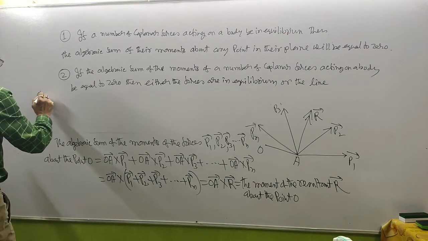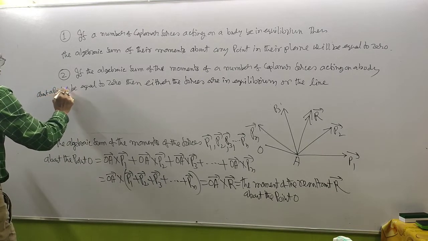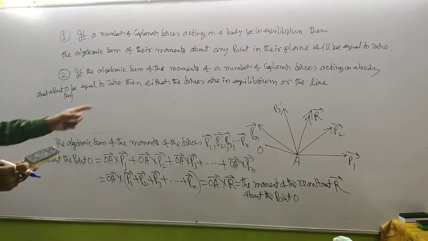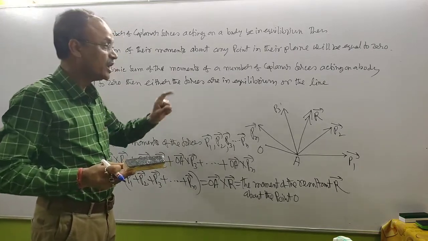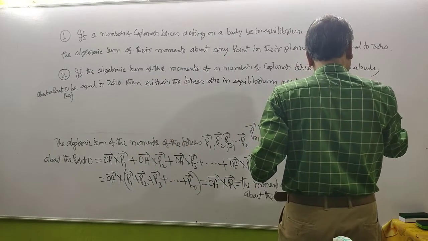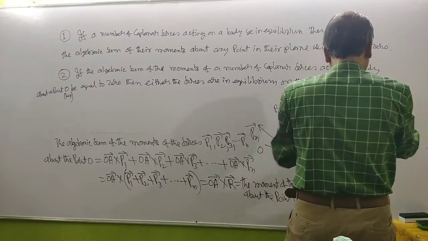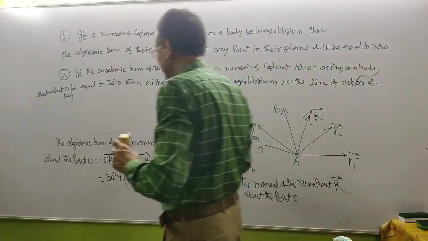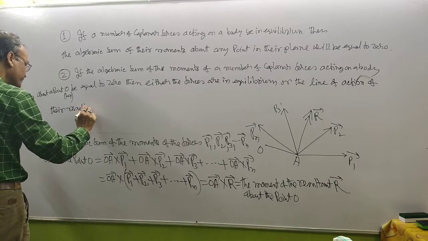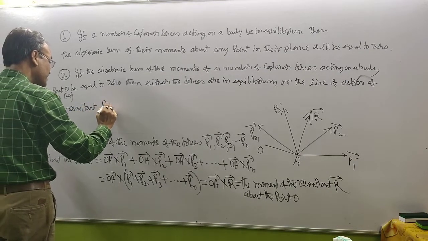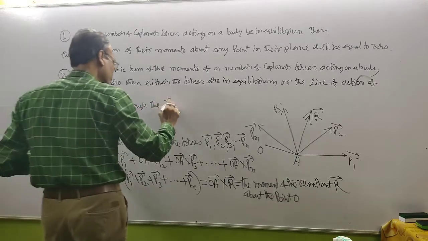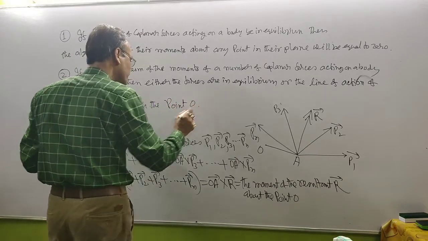About a point O, say, if the algebraic sum of the moments is equal to 0, then either the forces are in equilibrium or the line of action of their resultant passes through that point.